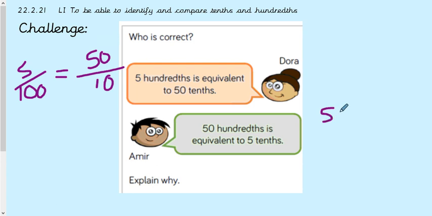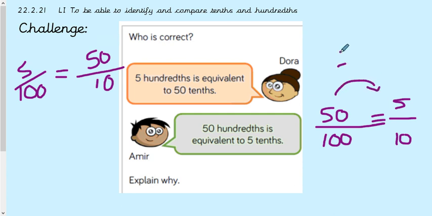So who is correct? Now, straight away I can see that Amir is correct, because actually if you simplified this, if you divided both of these by 10, you would get that.